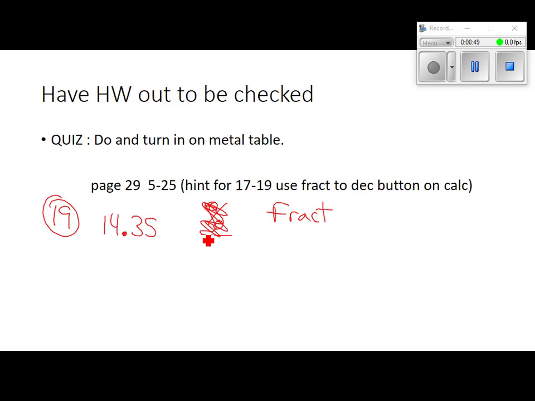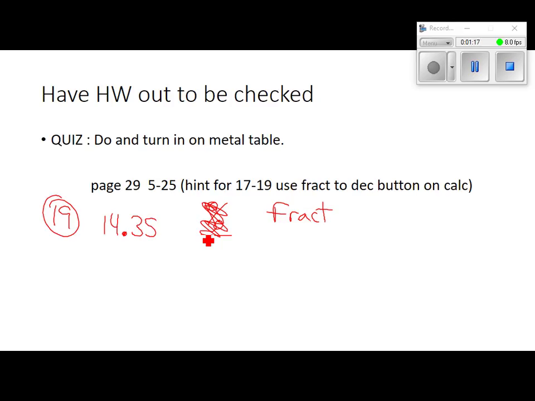Anytime you're changing something into a fraction, number one, every one of your calculators has some kind of button on it that you can use. If I grab one of my calculators here, one of the TI-30s, and I have a decimal and want to change it to a fraction, I have to find the button.